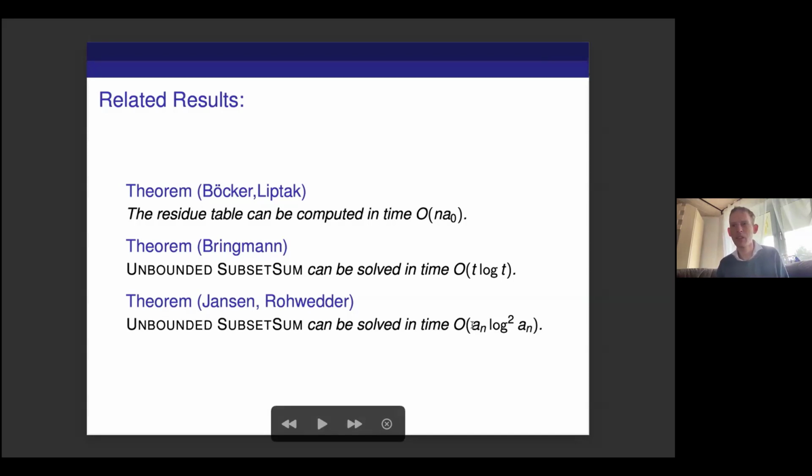And there's also this known lower bound. I think Karl was talking about it. I will also come to talk about it later. But essentially, the running time cannot be improved to a sublinear dependency on t or a_n. So this is what we know about the problem so far.